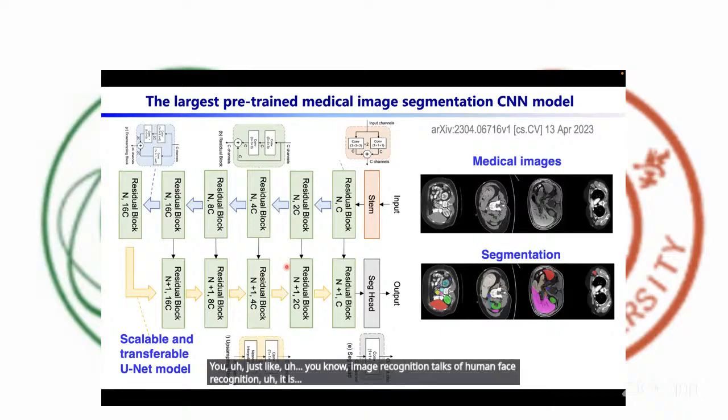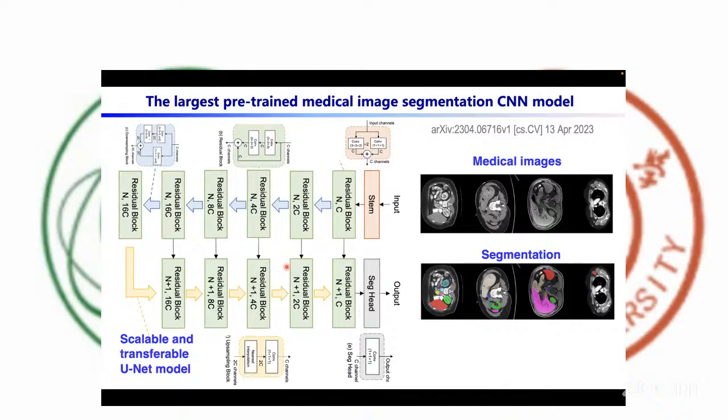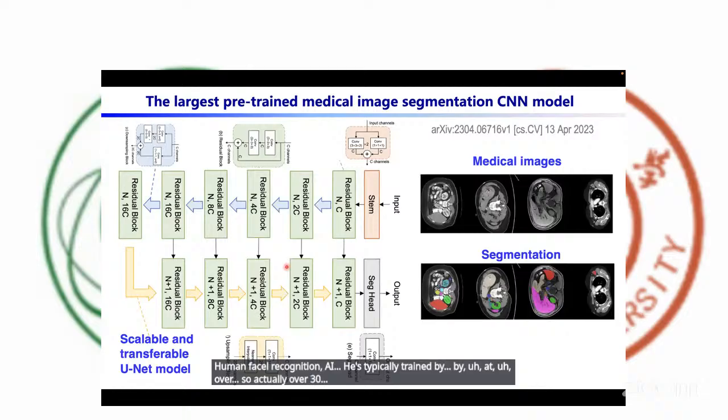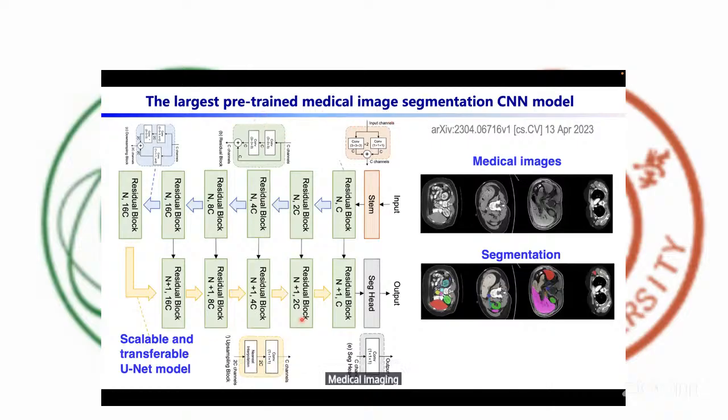A good face recognition AI is typically trained on over 300,000 images. So people thought that for medical imaging we should do the same, which is why some people embark on using the largest medical image sets to train a system.